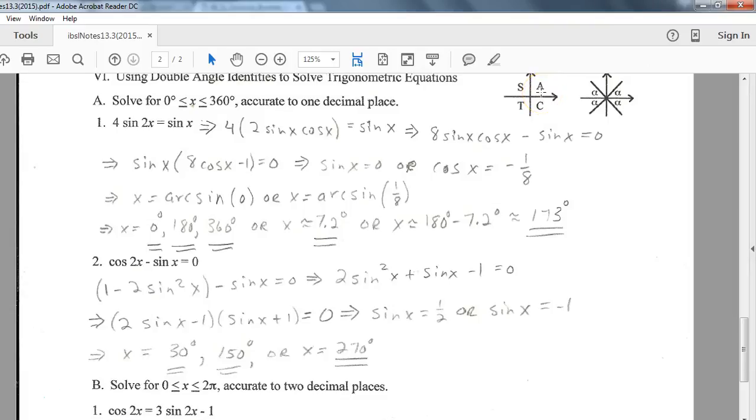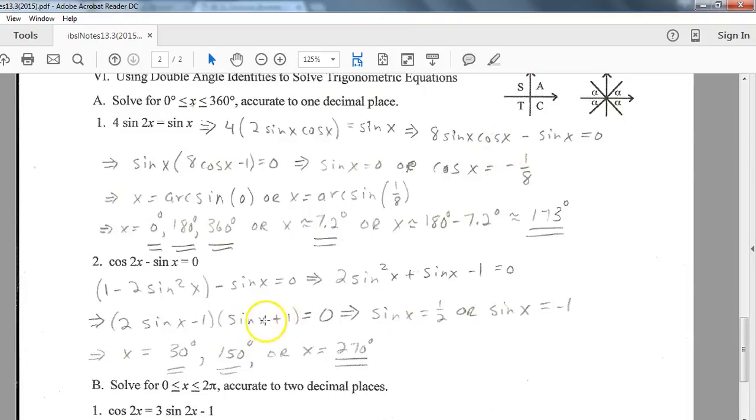The other way to look at that is, this is positive 1/2. So I'm looking for values where the signs are positive. And where does that happen? In quadrant 1 and quadrant 2. So quadrant 2 must be my next value for sine. So if this had a reference angle of 30, then this also has a reference angle of 30. And so if I did 180 minus 30, I get my second answer for that.